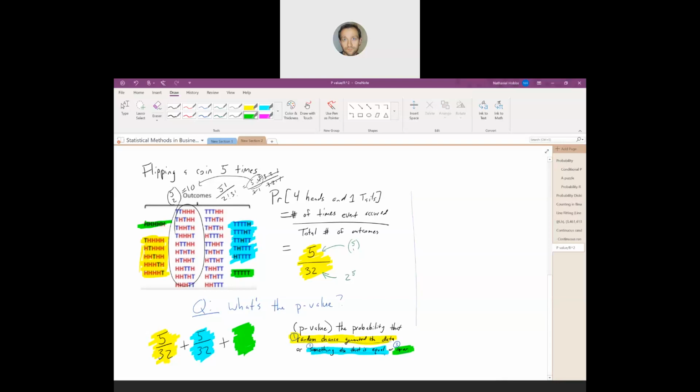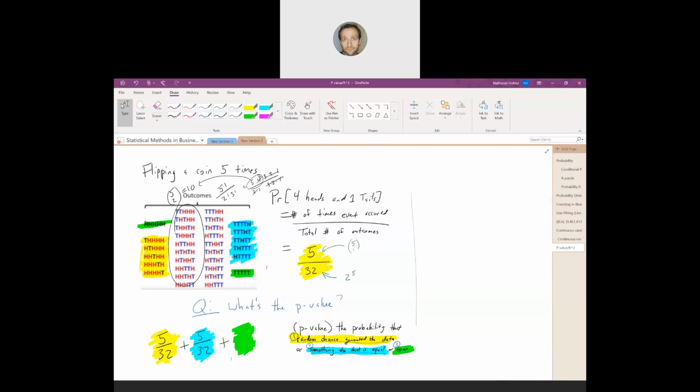1 out of 32. Why 1 out of 32? Because there's only 1 chance of it occurring out of all 32. What is the 1 here? What's the 1 chance? All heads. Okay.